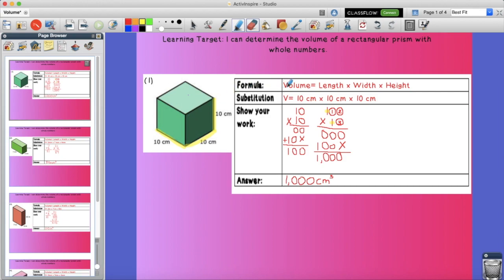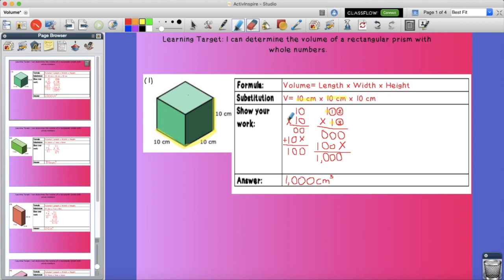So we're going to write a formula, which is volume equals length times width times height. We're going to substitute what we know for the length, the width, and the height. However, in this case, because it's a cube and all sides are equal, the length, the width, and the height are each 10 centimeters.